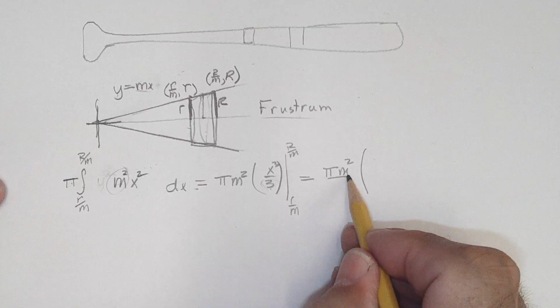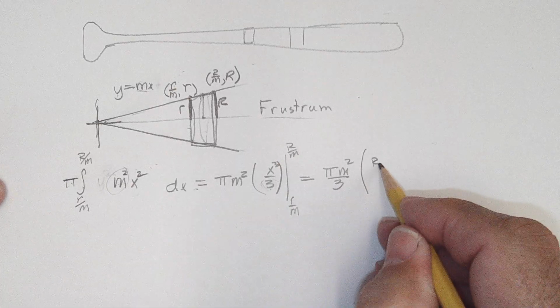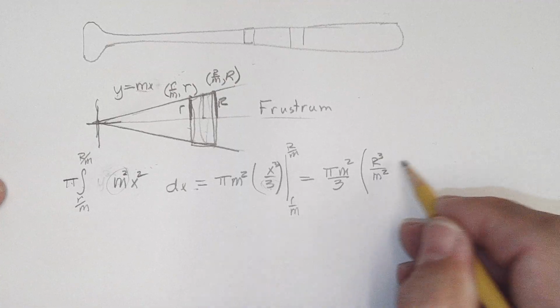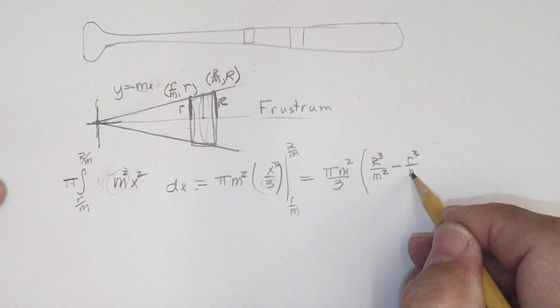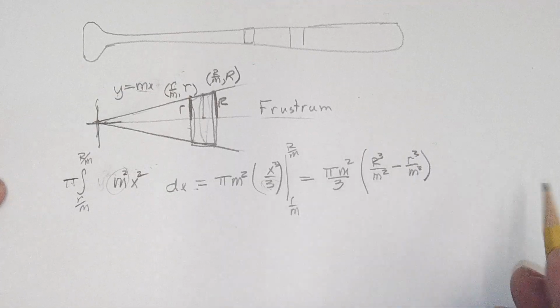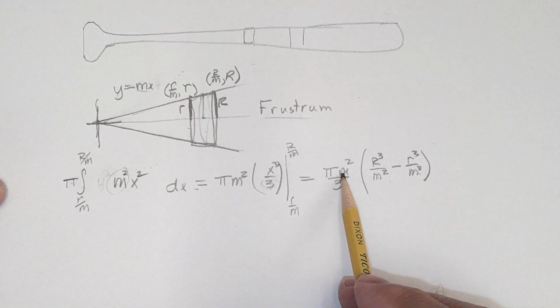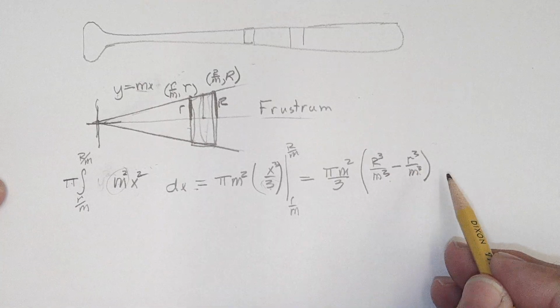I'm going to pull that out right away. So it's going to be big R cubed over m cubed minus little r cubed over m cubed. And since there's an m cubed in both of them, I could pull that out, and it would cancel 2 of them. Cubed, should be a cube there.